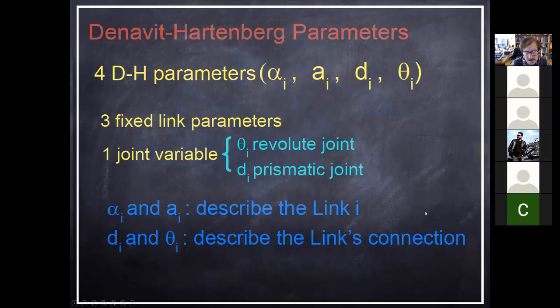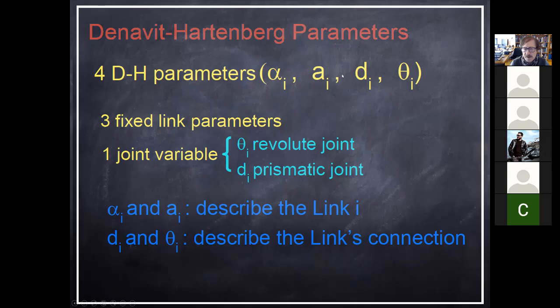And to summarize, alpha and A, these 2, describe the link, and d and theta describe how 2 links are connected. How are 2 links connected? They are connected by a joint. Whether it is a prismatic joint or a revolute joint, these 2 parameters determine.